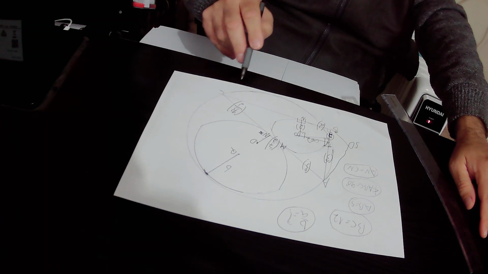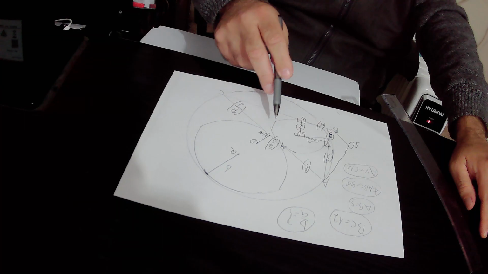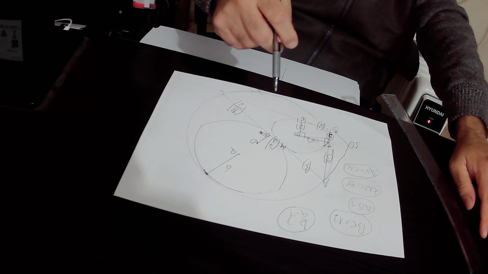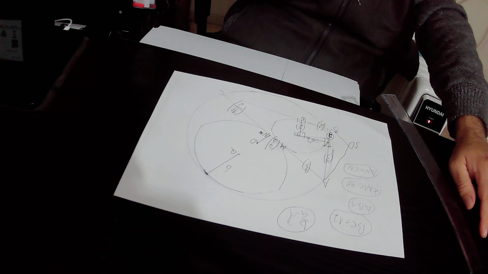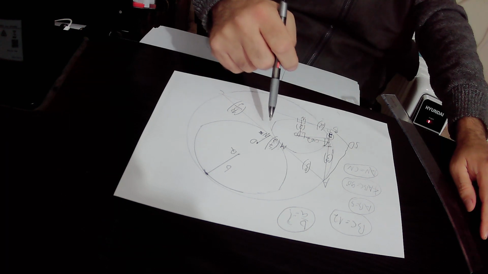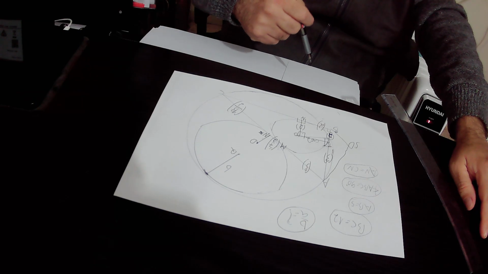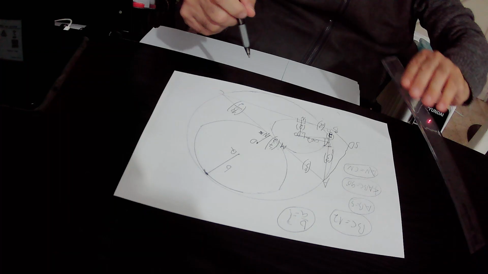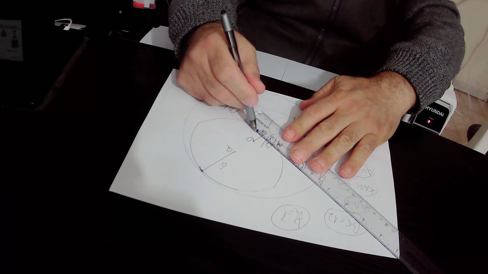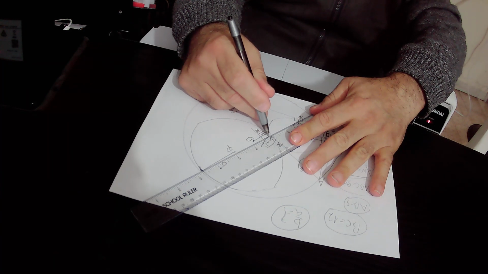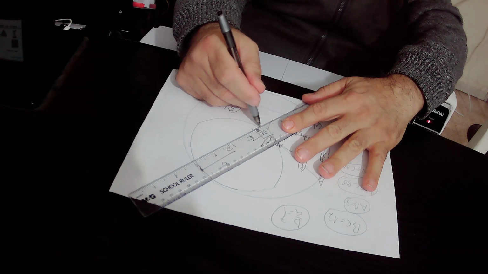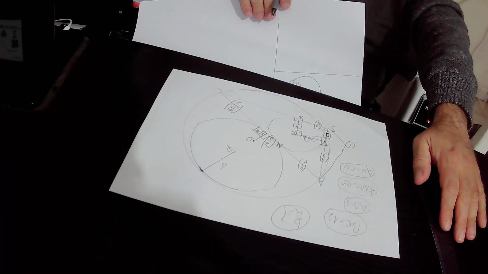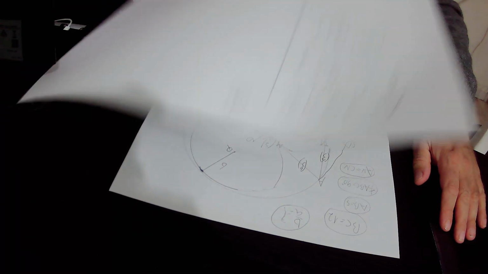Because AN equals NC. Therefore, according to rule number 7, we get that ON must also be perpendicular to AC. That is to say, this angle equals 90 degrees and this angle also equals 90 degrees. So we can write here that line segment ON is perpendicular to AC.